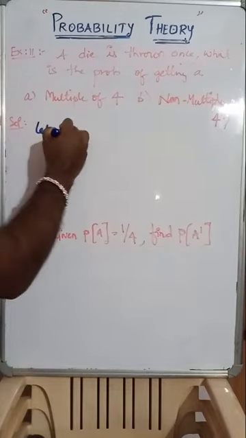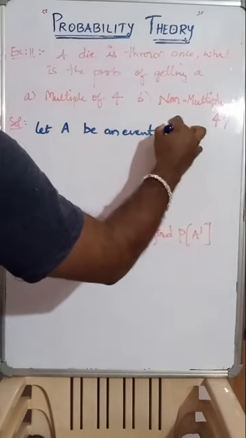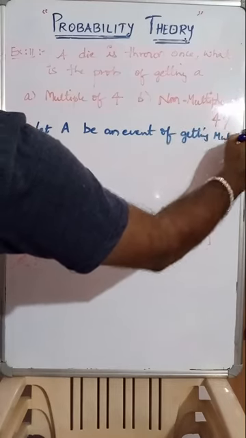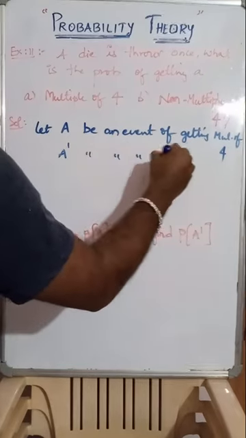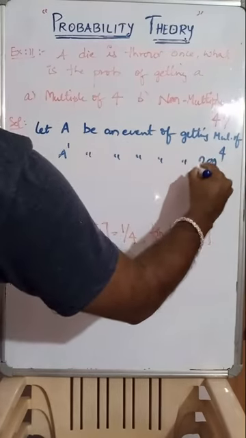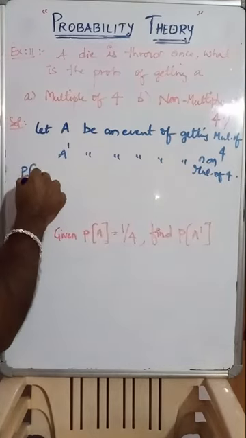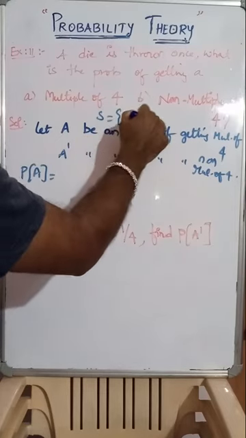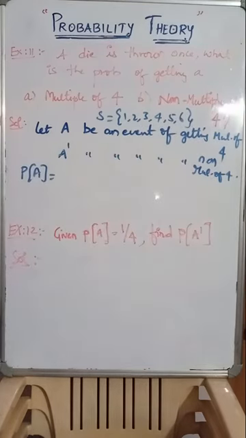Let A be an event of getting a multiple of 4 and A dash be an event of getting a non-multiple of 4. So probability of A equals getting a multiple of 4. What is the sample space? When a die is thrown, sample space S equals 1, 2, 3, 4, 5, 6.